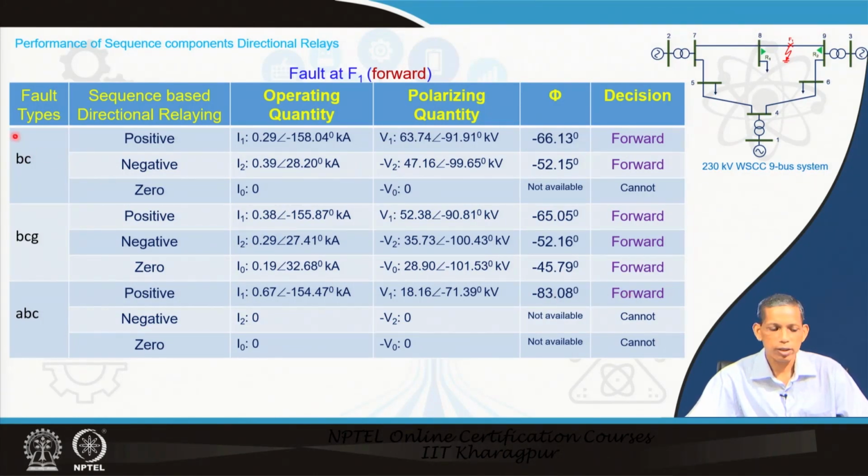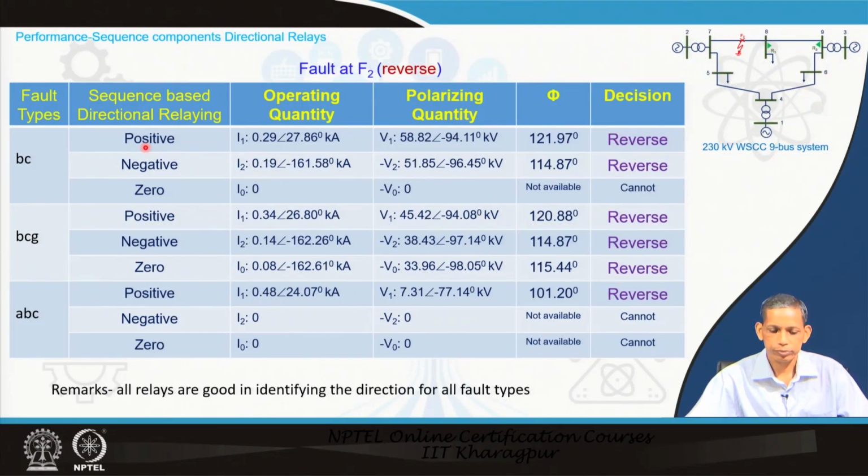That means that for all the other types of fault in the forward direction, the relaying principles perform as expected. Going to the reverse fault F2 for R1, for all the cases the corresponding angles are positive, and therefore the reverse fault is being identified properly by the different sequence components.